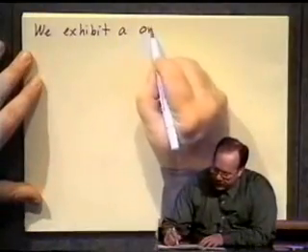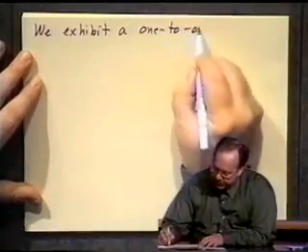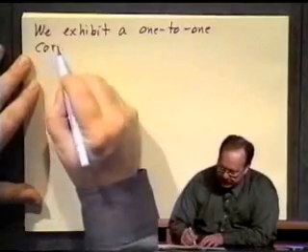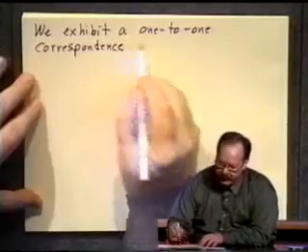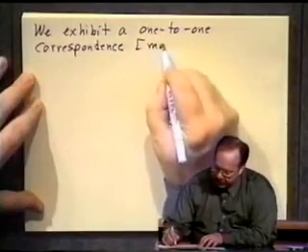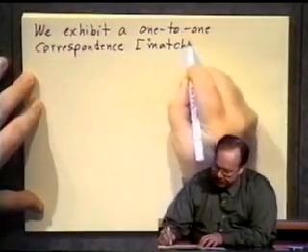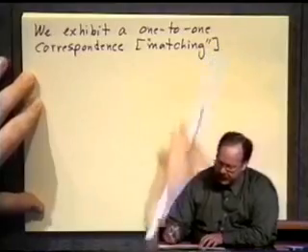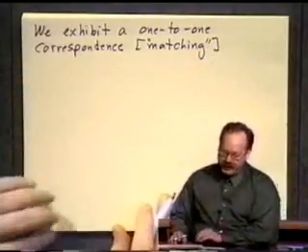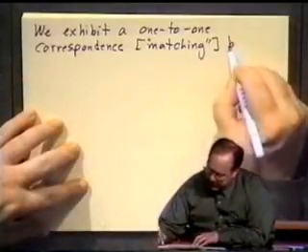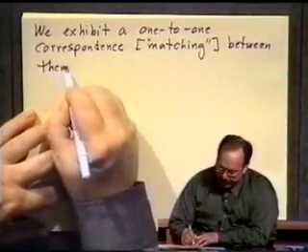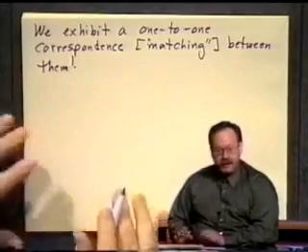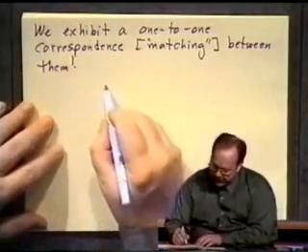What we do is we exhibit what's called a one-to-one correspondence. And if that's too long a phrase for you, we can call that a matching. If you like, matching's just as good, as long as we know what it means. One-to-one correspondence, or matching, we exhibit that between them. And this is what I mean by counting, and this is how it works.